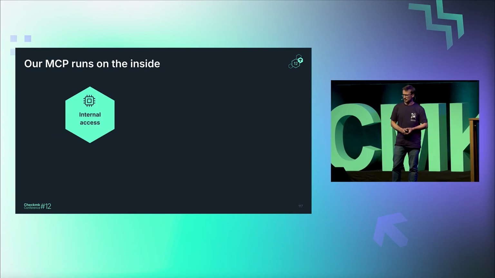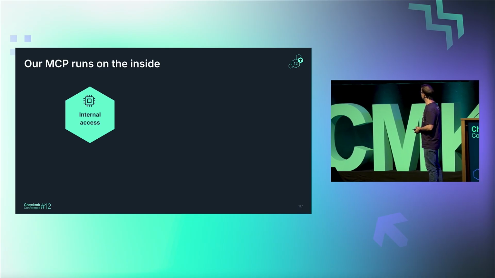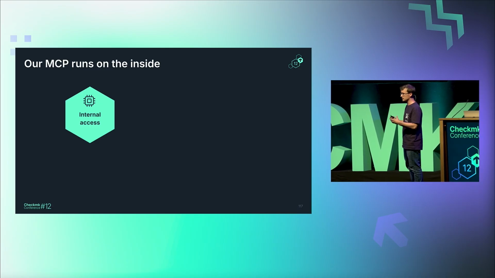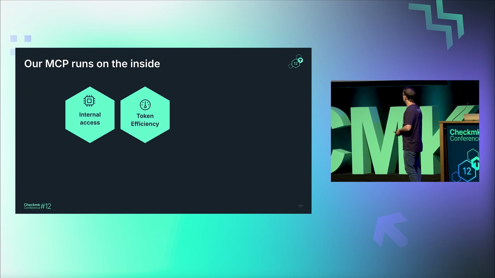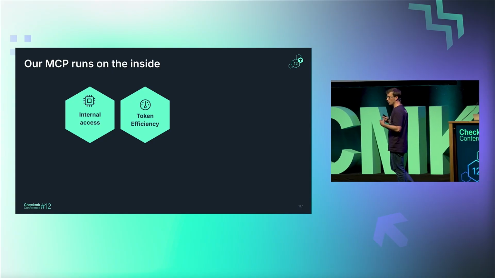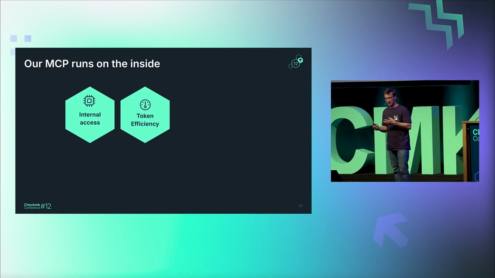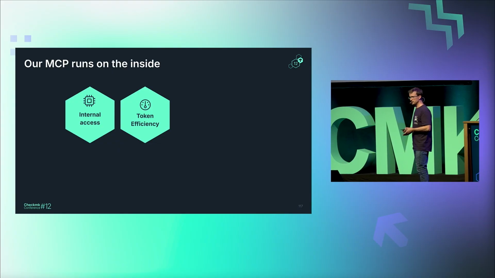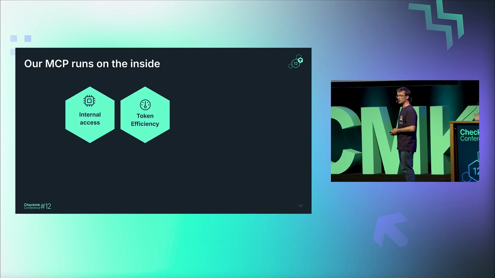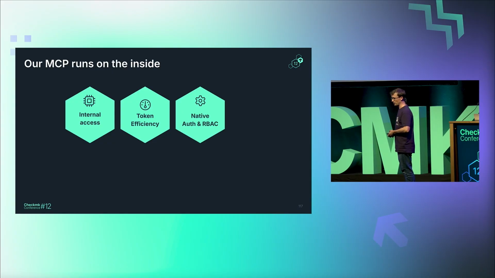So let me conclude a bit. Our MCP will run on the inside of Checkmk, so within the Checkmk site. It has access to all the functionality, no need to re-implement something. We are abstracting things away so that for the conversations, the use cases we have in mind, this is actually tuned so that we are really token efficient by design.